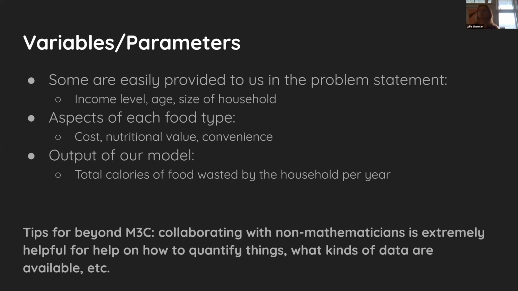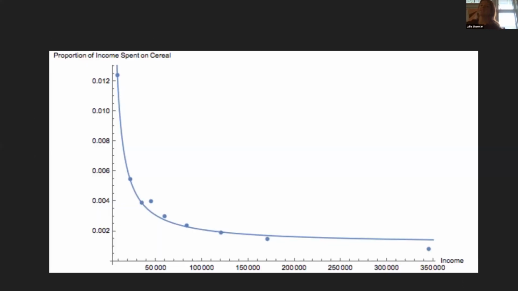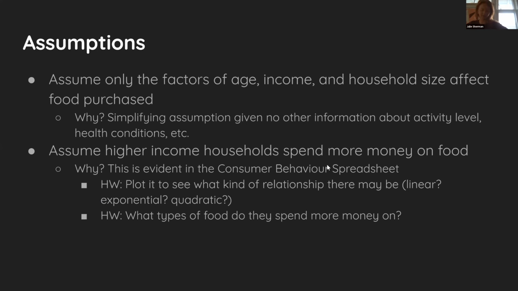If you just Google even, you don't have to find a social worker or anything, but you can Google, what are the differences in consumer behavior, so that you get maybe a broader picture beyond just this table of mind-blowing amount of data. Right? Okay. Assumptions. We are running a little bit low on time here, so I'm just going to go over these.